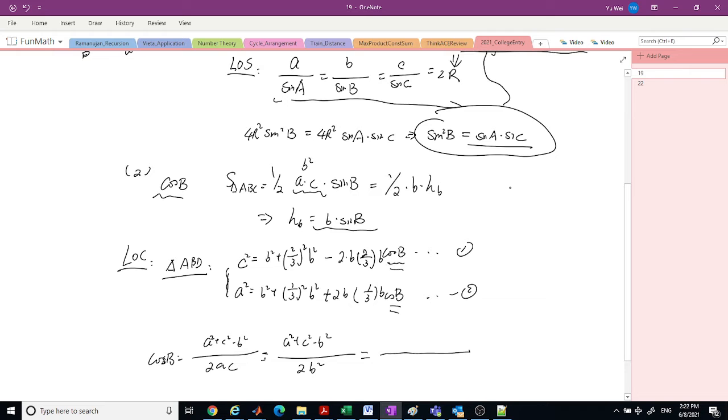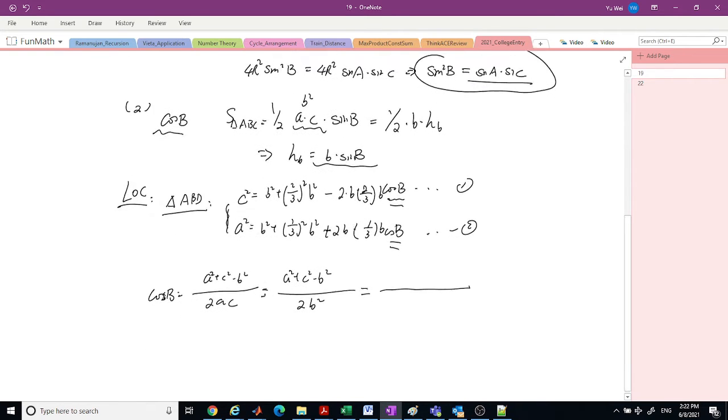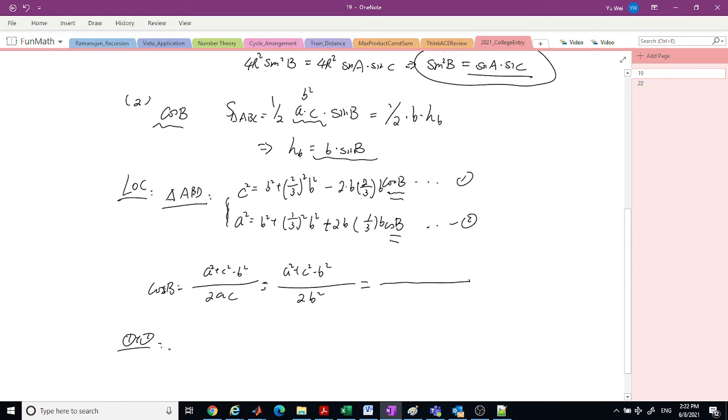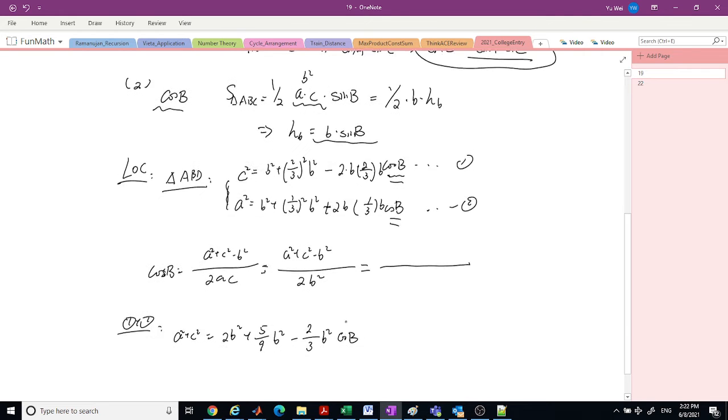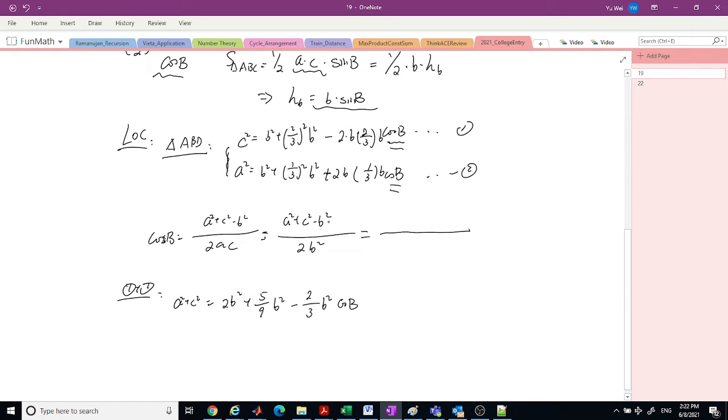So 1 plus 2 gives us a squared plus c squared equals 2b squared plus 5/9 of b squared, minus 2b squared times (2/3) cosine B. Now we can take out b squared: b squared times (2 plus 5/9 minus 2/3 cosine B), divided by 2b squared.